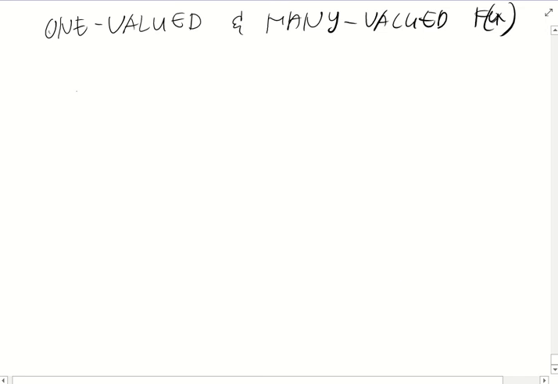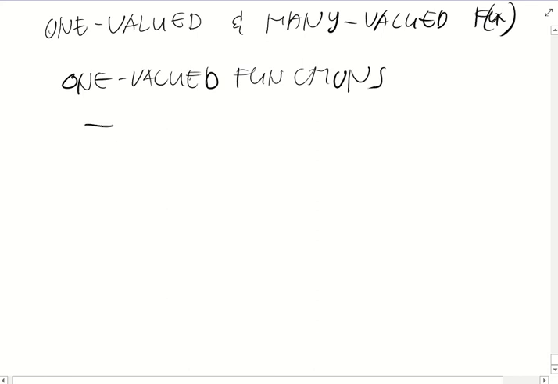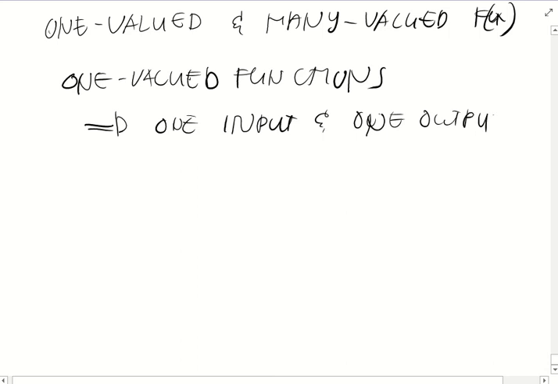And for a one-valued function, this means you have one input and one output, one result, one domain input, one out of the range.